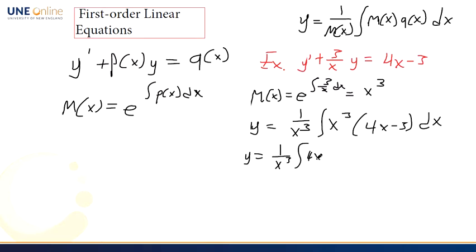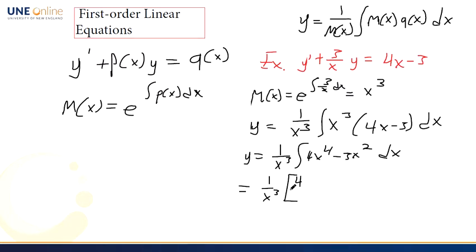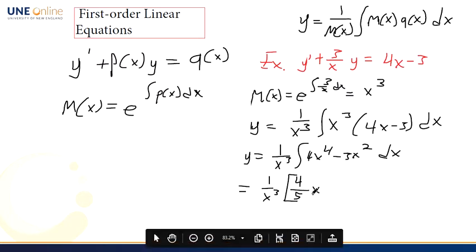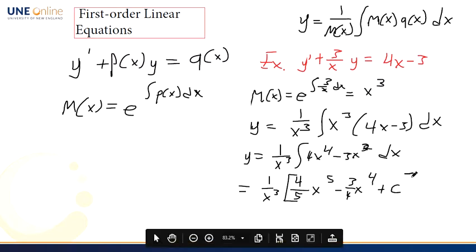That's 4x to the fourth, subtract 3x squared, with respect to x. So when we integrate that, that's 4 over 5 x to the fifth, subtracted by, that should be 3x to the third, sorry, 3 over 4 x to the fourth, plus c.